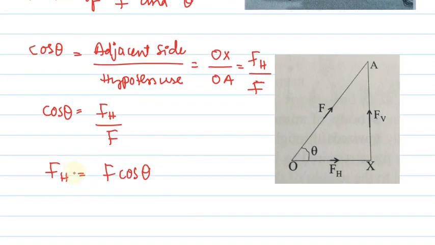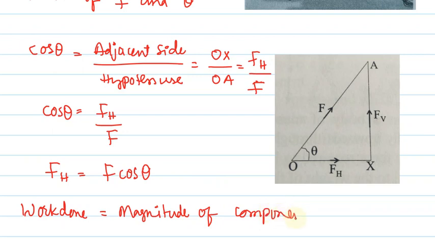Here, work done is measured as the product of the magnitude of the component of force along the direction of displacement and the magnitude of displacement. So I can write work done is equal to the magnitude of the component of force into the displacement of the body.